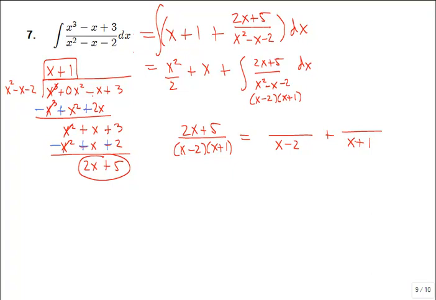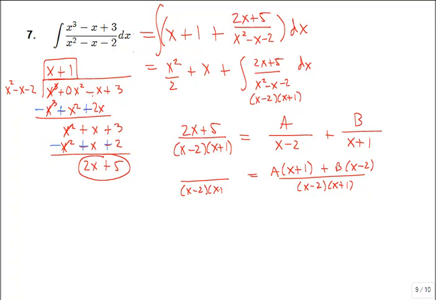Both of these are linear, so we need constants on top. Getting a common denominator, we would have A times the x plus 1 plus B times the x minus 2 for the numerators. And that numerator needs to equal the numerator over here on the left.